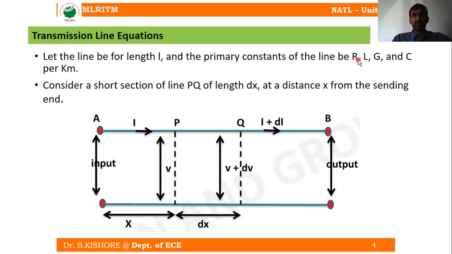R is the series resistance, L is the series inductance, and G and C are the shunt conductance and the capacitance respectively. These four parameters R, L, G and C are measured in ohms, Henry, mho or Siemens, and farad per kilometer.